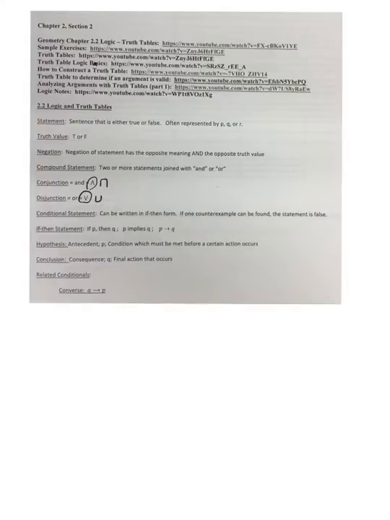Again, a conditional statement is an if-then statement. If you have one counterexample to an if-then statement, then that makes the entire statement false. The hypothesis is the antecedent, the first part, the part behind the if. It's the condition that must be met before a certain action occurs. We used this statement at the beginning of the year.